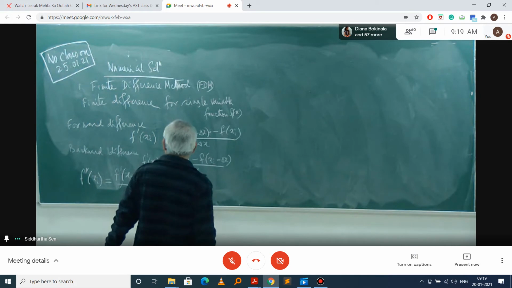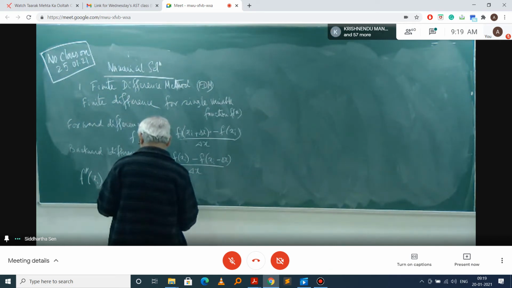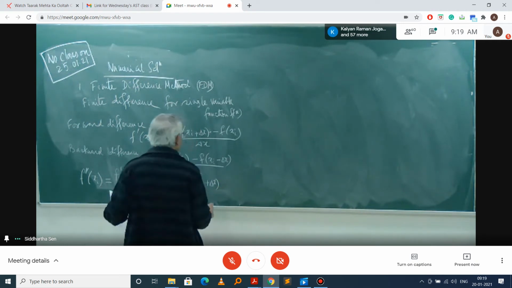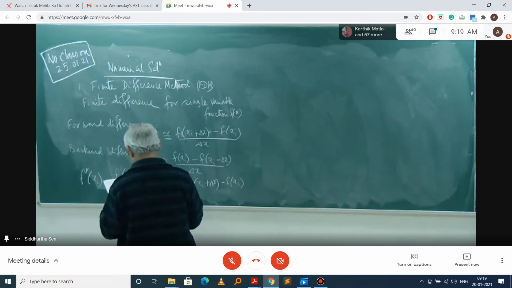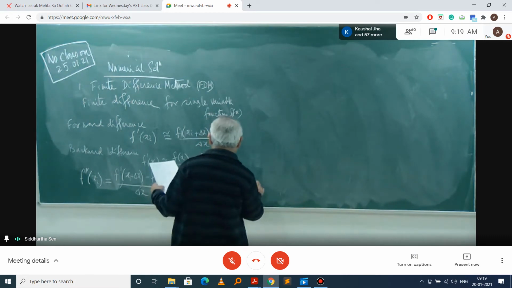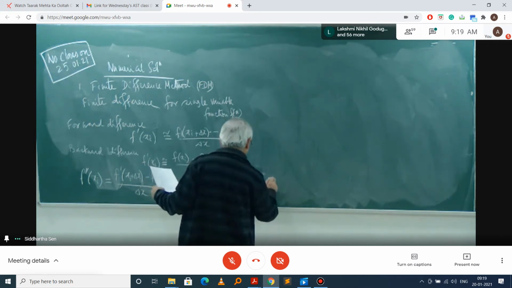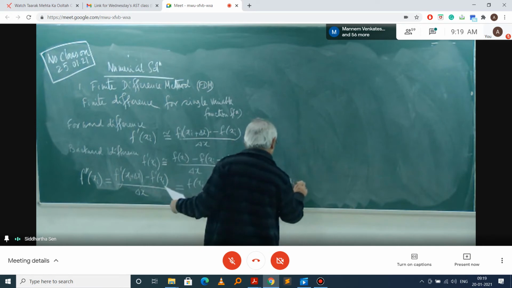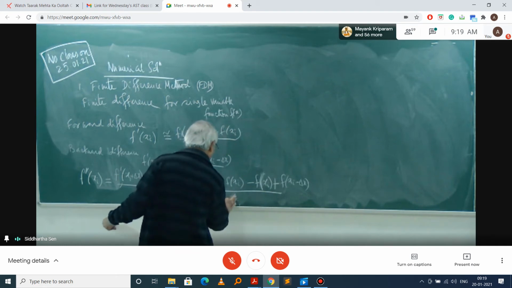So here it is f of xi plus delta x, then it is minus f of xi, then it is minus of f of xi minus, it will be plus of f of xi minus delta x, divided by delta x whole square.